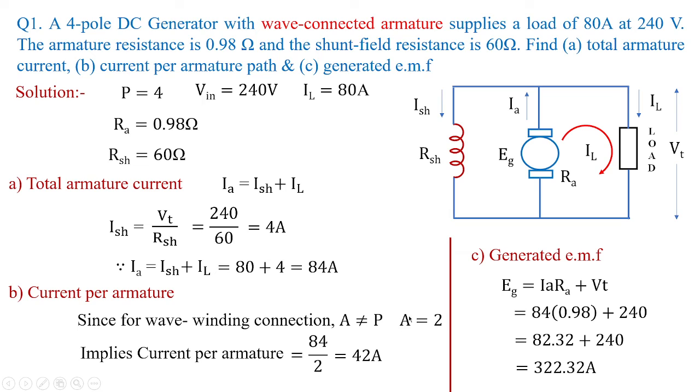Here for wave winding, parallel path is fixed, that is 2. So current per armature would be 42 amperes, whereas the generated voltage here again would be 322.32 volts. Is this clear? Fine.